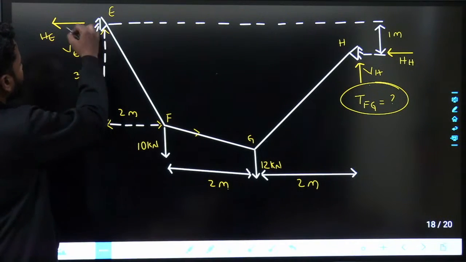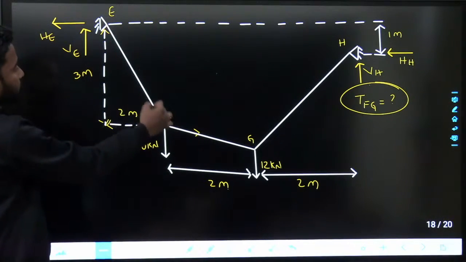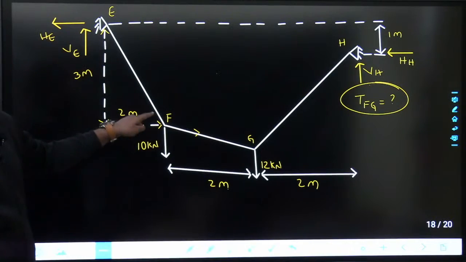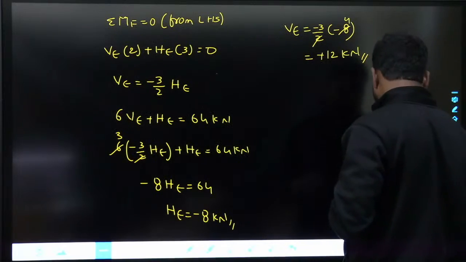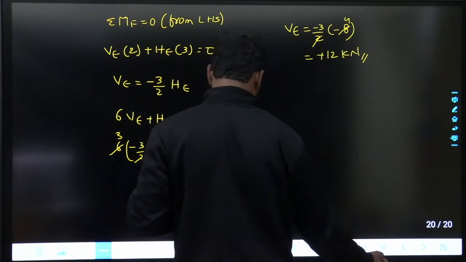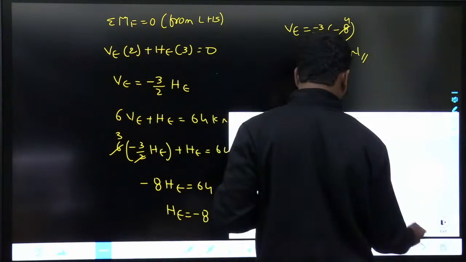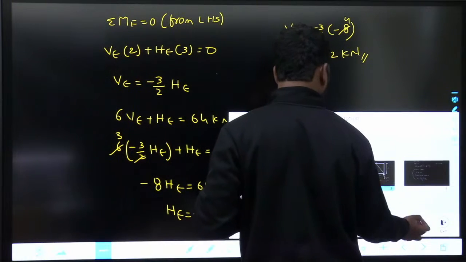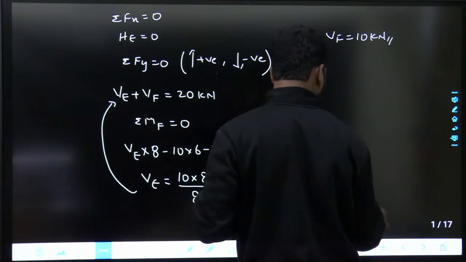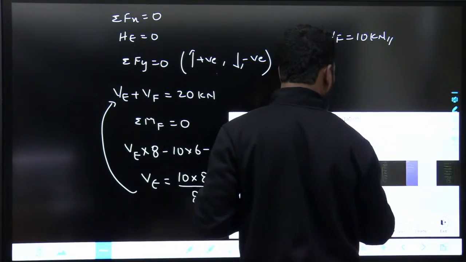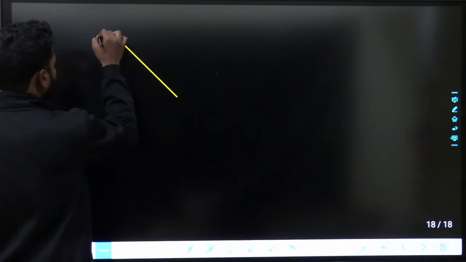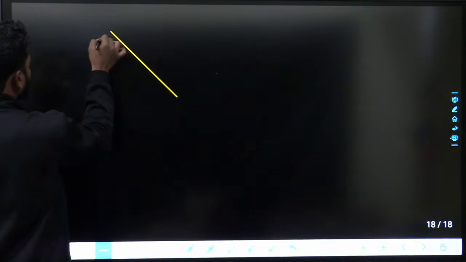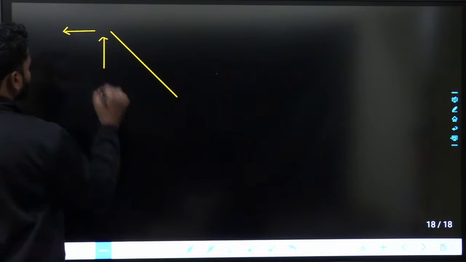Next, if I know VE and HE, can I find out the tension in cable EF? How exactly will I do it? If this is VE and that is HE, so for cable EF, you know VE and you know HE.